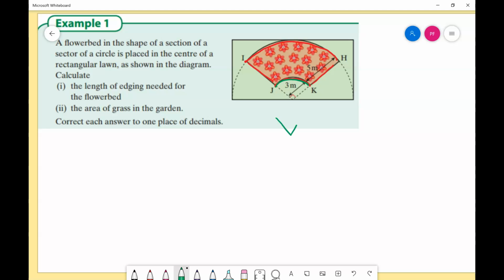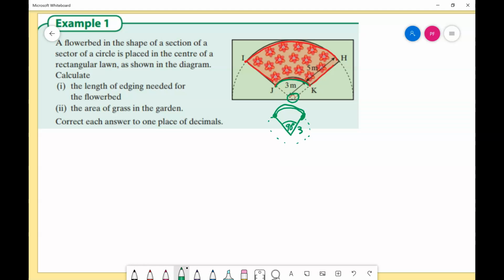So we've just got a sector of a circle. If it was a full circle, we would see our radius is 3. Our angle at the center, we can see here, is 90 degrees. And we're only interested in the arc length from here all the way to here. So we'll use our arc length formula.